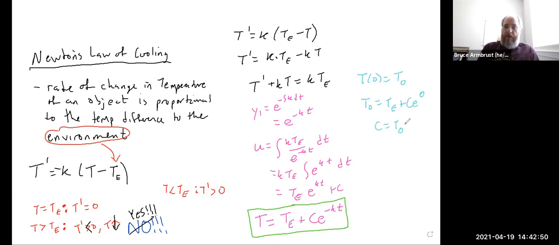Then C is equal to T naught minus TE. So we'll go ahead and put that back in here. Then we get T equals TE plus T naught minus TE, e to the minus KT. And so there you guys go.